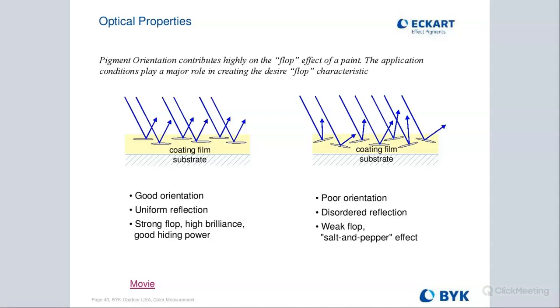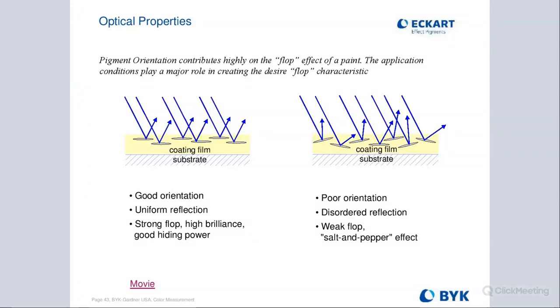And this just shows you an example of good orientation and a poor orientation. You really want your flakes to be laying down flat against the surface of your substrate, and not like the second picture on the right side where they're all at different angles. So you're going to see just different flake.